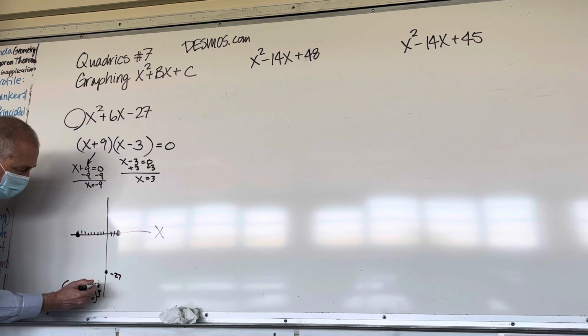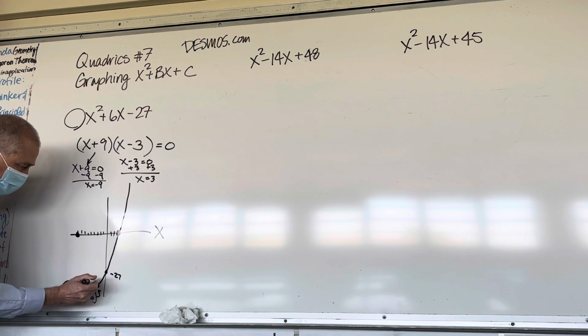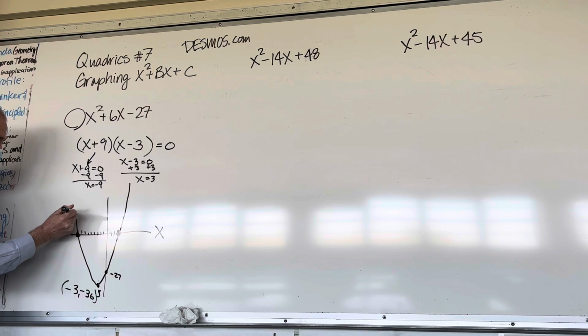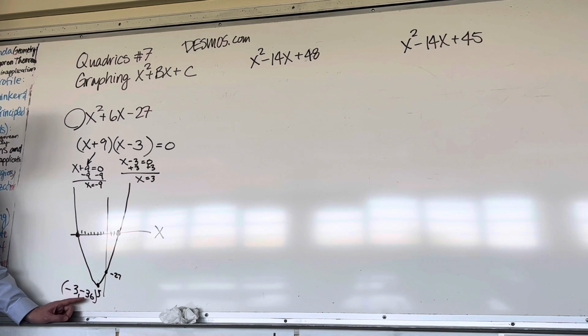And now if I can do some sort of combination here of like this, and this is my vertex, and this, I have done a pretty good hand graphing of the parabola. We'll find this one specifically. There's a formula to find the x, and then we plug it in to find the y.